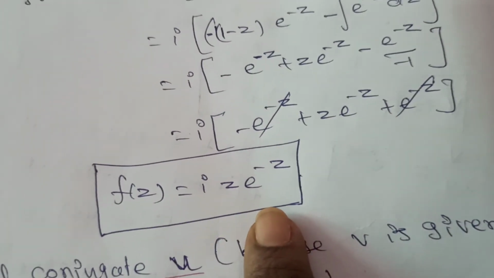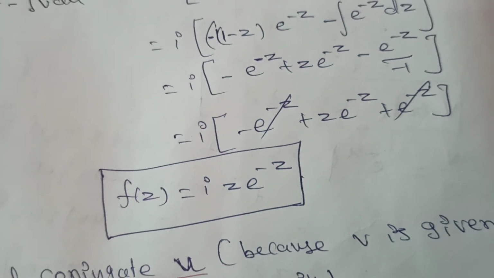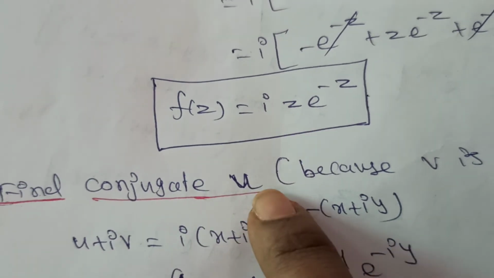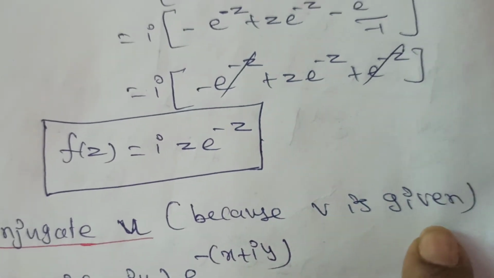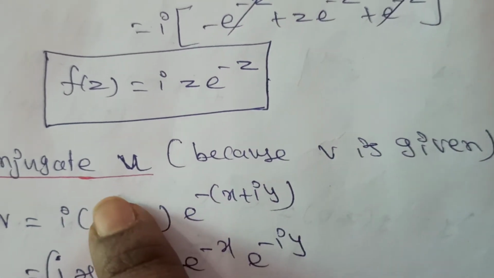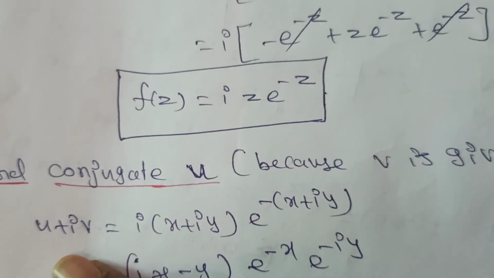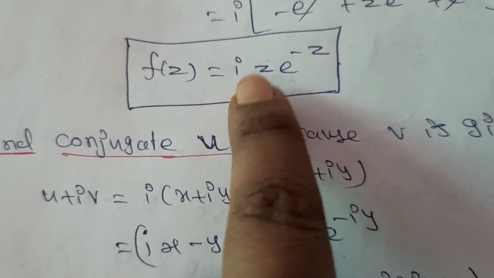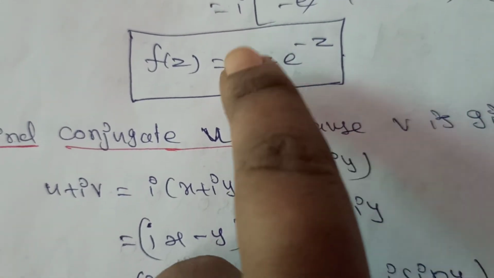And for the second condition, what do we have to find? We have to find the conjugate u, because v, the imaginary part, is given in this problem. Once again, write the analytic function answer: f of z equals I z into e power minus z. Take this equation.